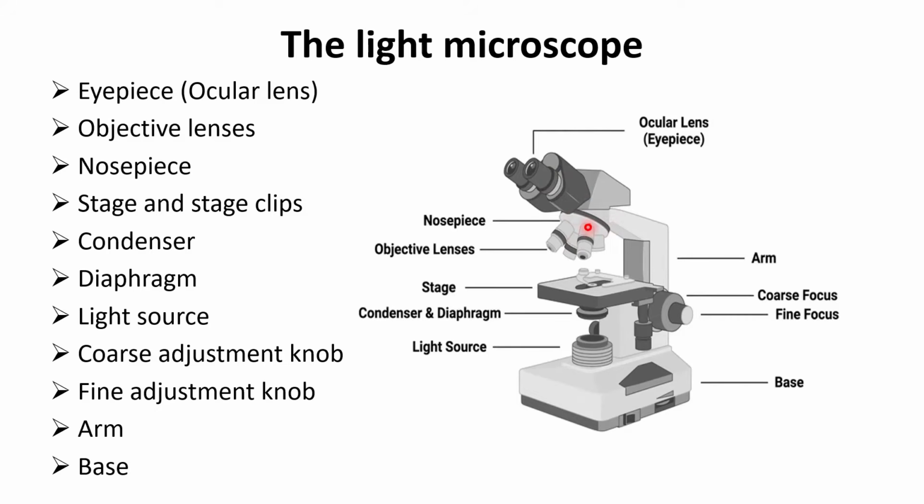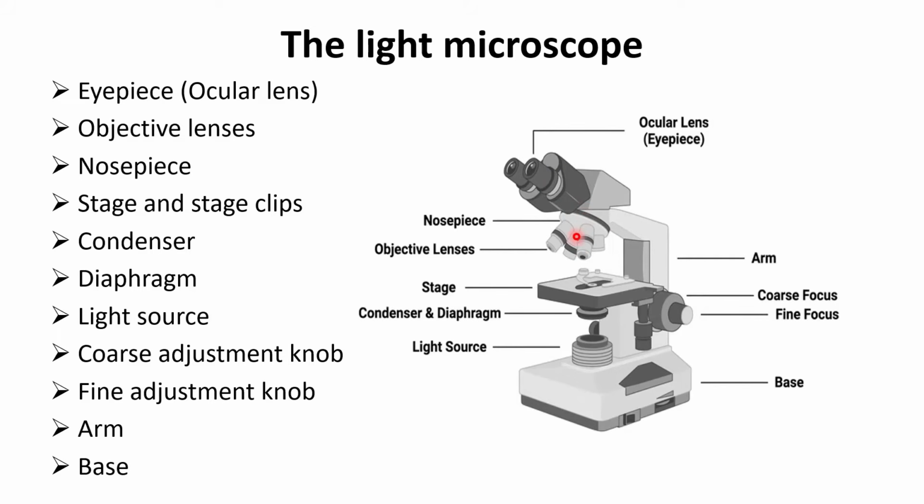Ideally it holds the objective lenses in place. You can see where the objective lenses are. And if you want to change the objective lens from one magnification to another, you use the revolving nosepiece.